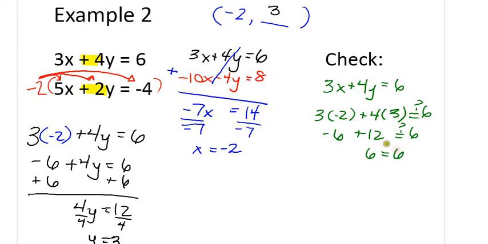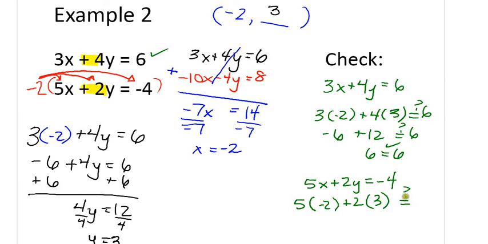And I'm going to put a check up here. I'm going to keep my original equation for this second one I'm checking. So I'm going to say 5x plus 2y equals negative 4. And this just helps make sure I don't make any silly mistakes. So I got 5 times negative 2 plus 2 times 3, and I think that is equal to negative 4.